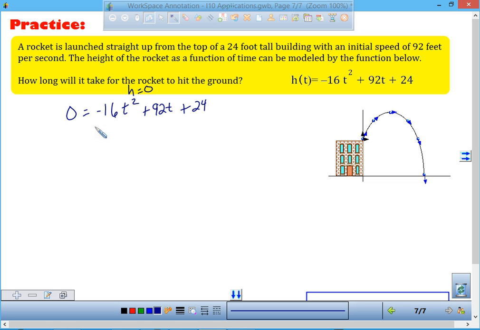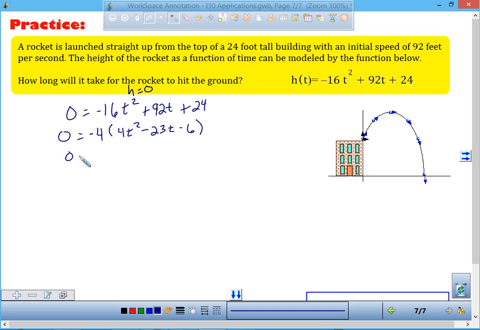So I'm going to factor out a 4 for GCF, and I'll make it negative 4. So now I have 4t squared minus 23t minus 6, and it equals 0.